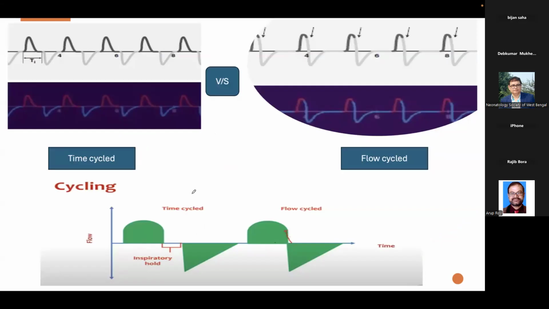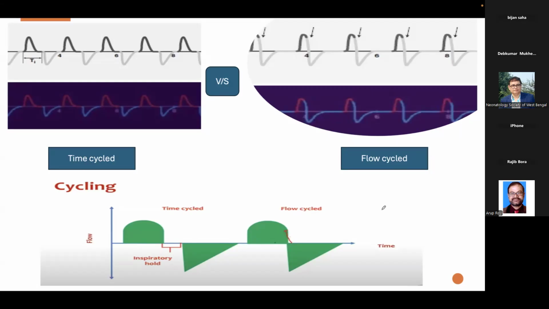So here, this is the simplified picture. If we see a flow time scalar like this, where there is some sort of an inspiratory hold, because the TI is not being reached up to this point, we can know that this is time cycle. But if we do not find any sort of gap and your inspiratory flow is directly converting into your expiratory flow, then we can say that probably this is flow cycle.